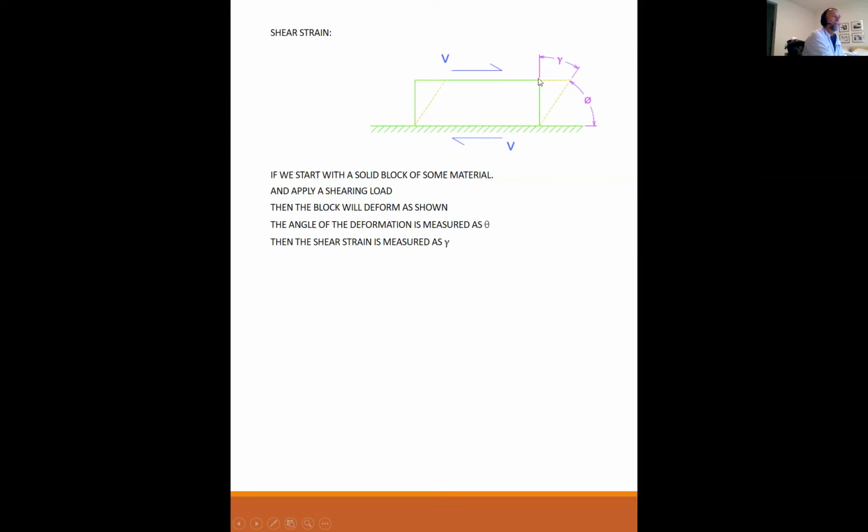Keep in mind that the original shape isn't always going to be vertical or 90 degrees to the horizontal. But it is how far it moved under load, that's the measure of deformation. So if it was vertical in the beginning and it took on this deformed dotted line shape, then how far it moved is gamma, and that is a shear strain.